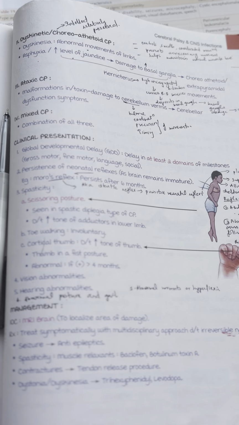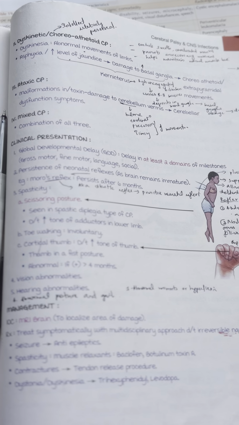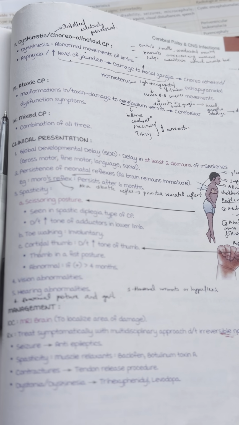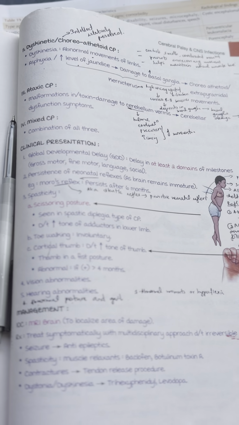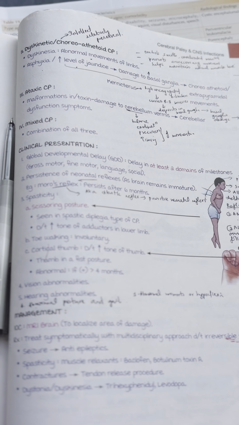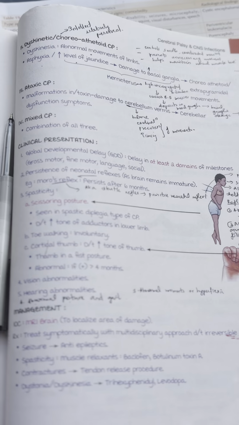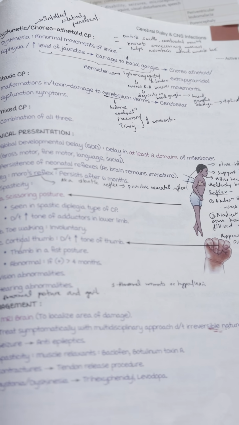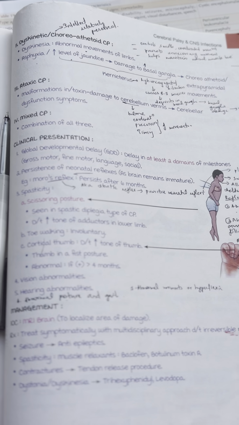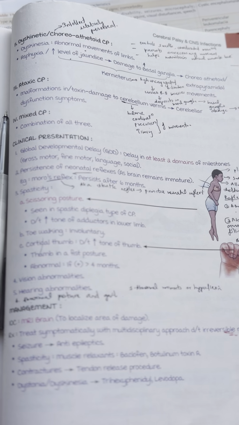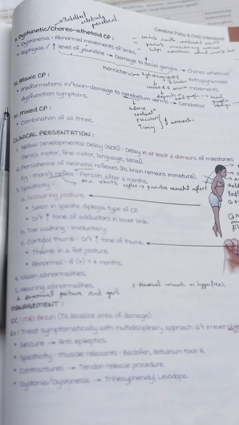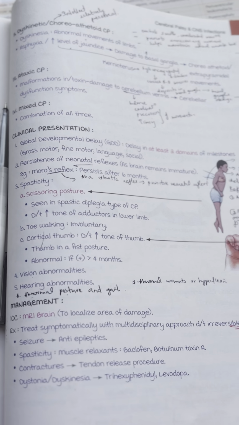Then there is persistence of neonatal reflexes. There are some reflexes in neonates that are supposed to disappear after a certain period of time. For example, Moro's reflex is supposed to disappear after 4 to 6 months. If there is persistence of Moro's reflex, it is a clinical presentation of cerebral palsy.